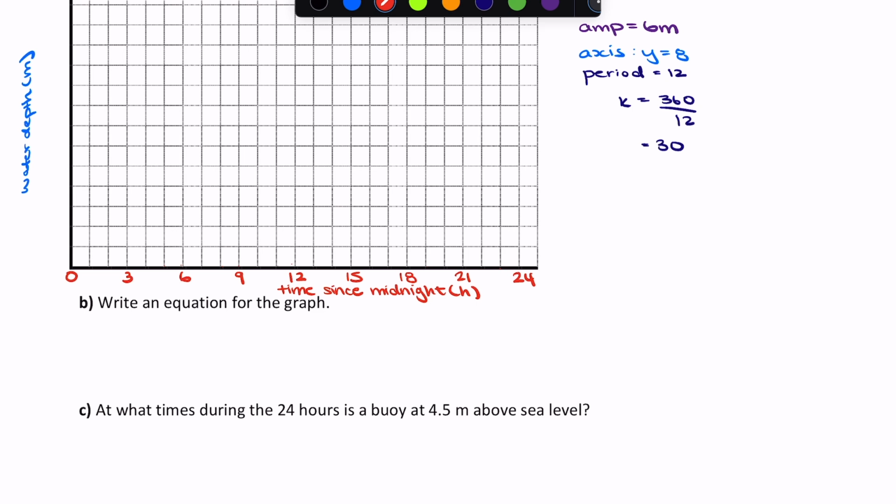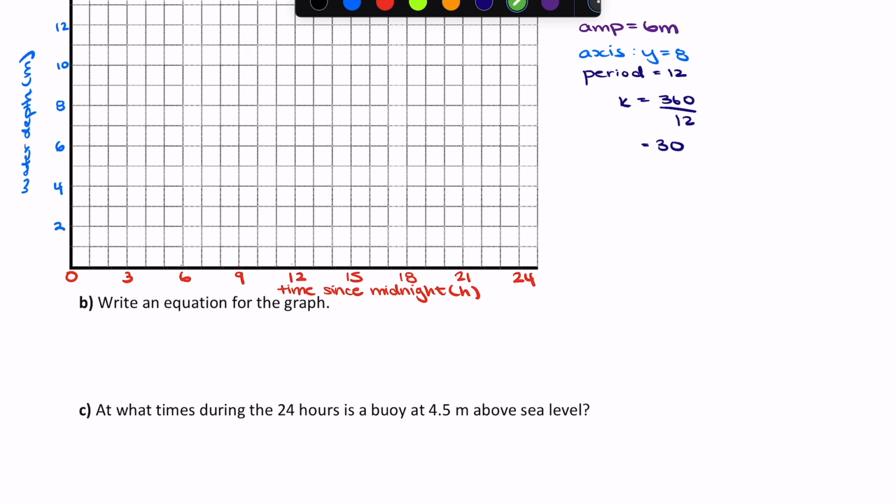On the y-axis, we'll go up by 1 as well, but we'll show every 2. So here's 2, 4, 6, 8, 10, 12, and 14.